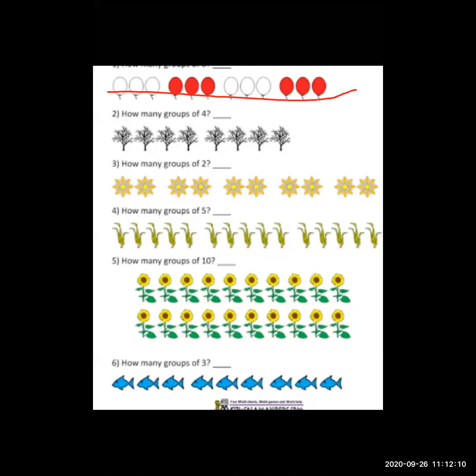That means 3 into 4. 3 into 4 is equal to 12. Yes or no? Total count, how many balloons are there? 12. If they ask you to do the multiplication, that is so simple. 3 into 4 is equal to 12.